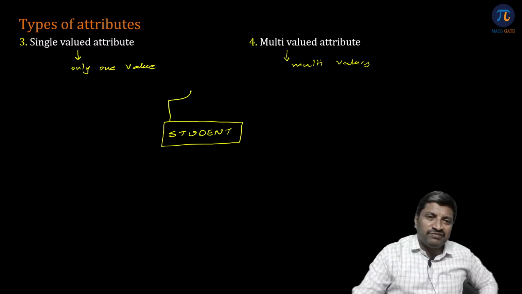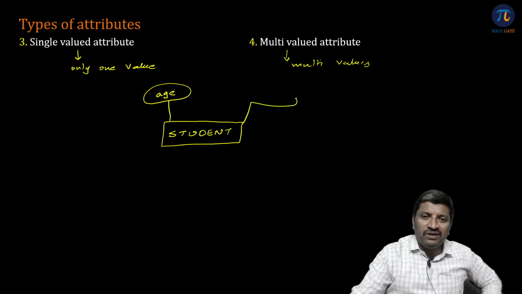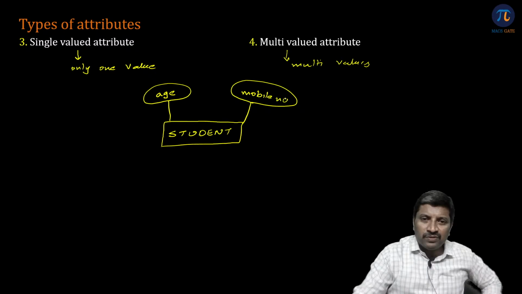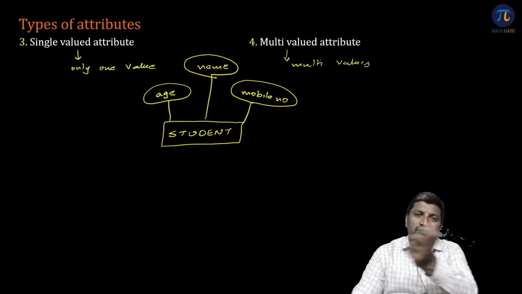Let us consider the attributes age, mobile number, and name, like full name N Sudhakar Reddy or S Sita Devi.